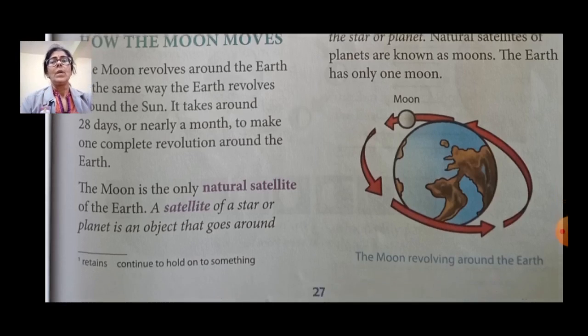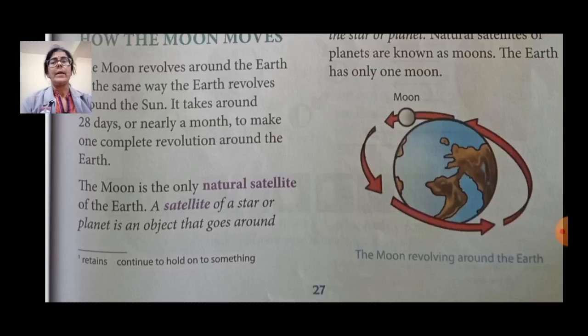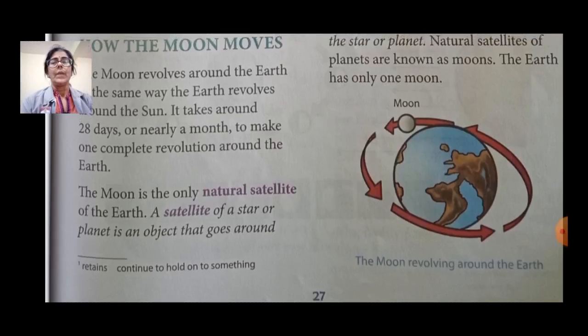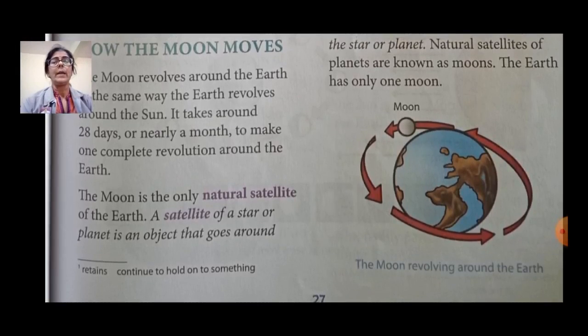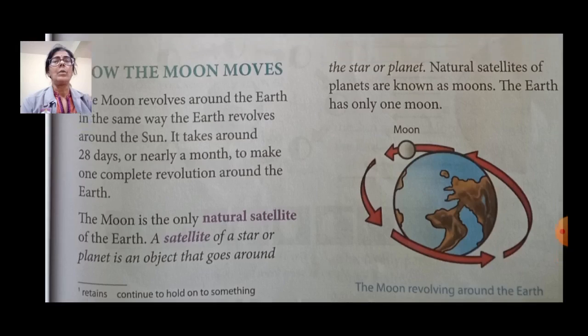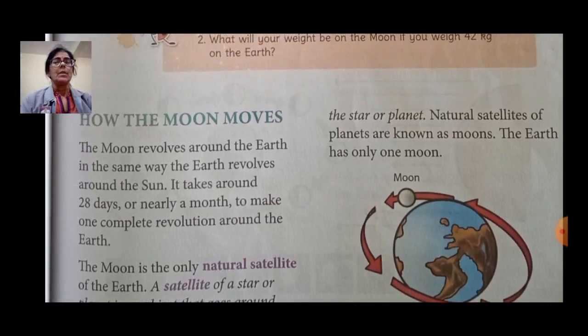The moon is the only natural satellite of the earth. A satellite of a star or a planet is an object that goes around the star or a planet. Natural satellites of planets are known as moons.